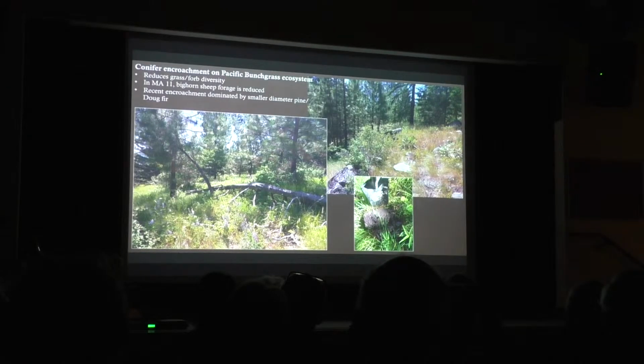And what's going on right here is you're seeing a lot of these small diameter ponderosa pines starting to encroach on all this bunchgrass and what would have otherwise been an open grass and forb dominated ecosystem. You can see that mollisol right there. We use the inherent soil quality of the color to get to that.